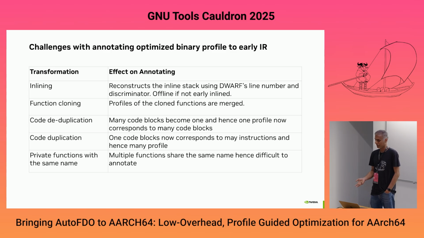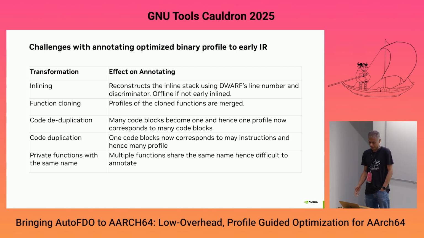Since we have collected the profile using a binary that is optimized, and we are going to use that to annotate the early IR, we have to consider the effect of all the code transformations that might have happened in the optimizations.